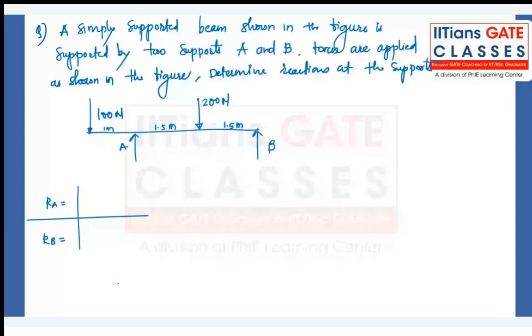Distances are also given to you. I don't think this is a difficult problem. Apply the equations of equilibrium. Summation of all vertical forces has to be equal to 0, right?